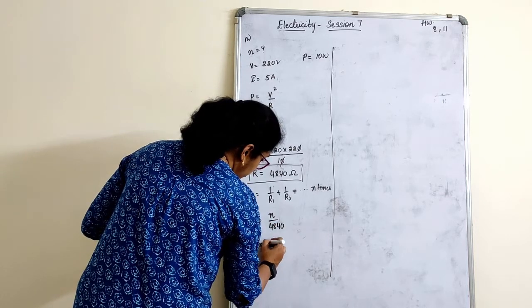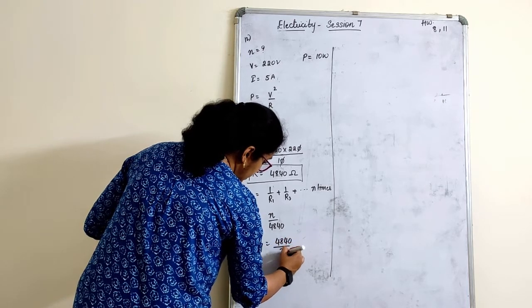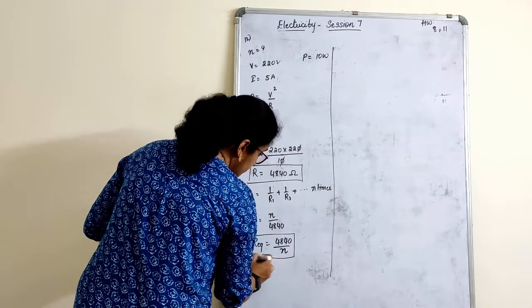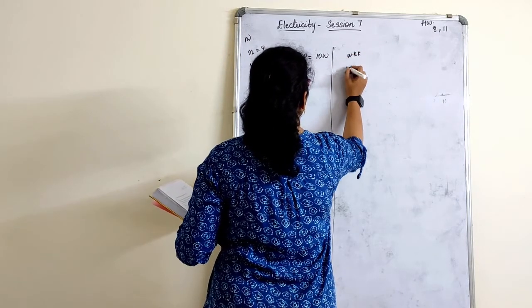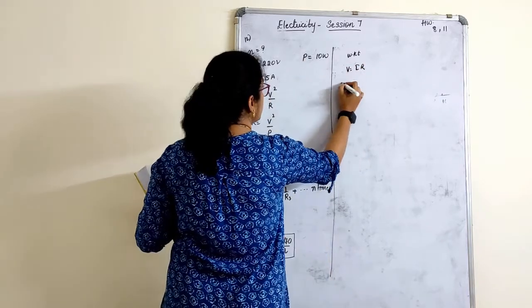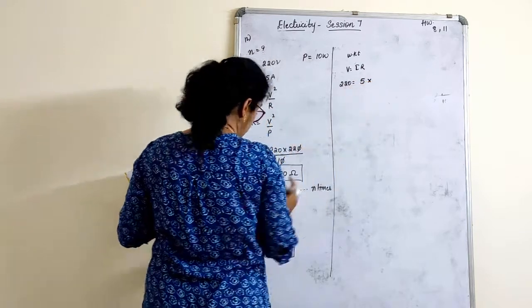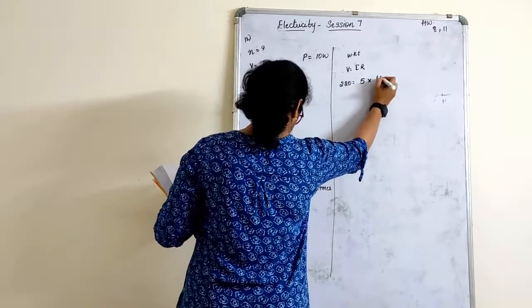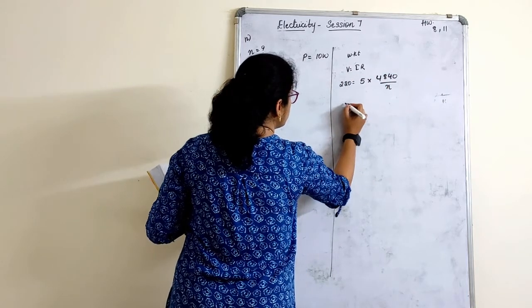Therefore, R equivalent is equal to 4840 by N. Now use the formula. We know that V is equal to IR. On what voltage is it? On 220. Maximum current 5. What is that resistance? 4840 by N. Cross multiply.